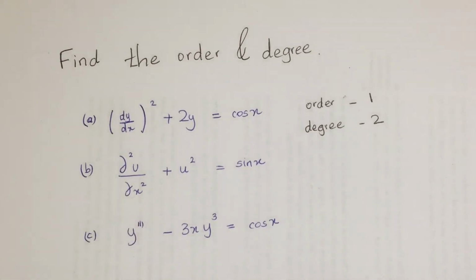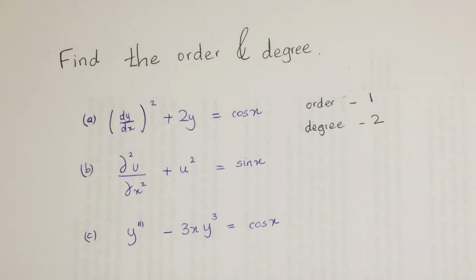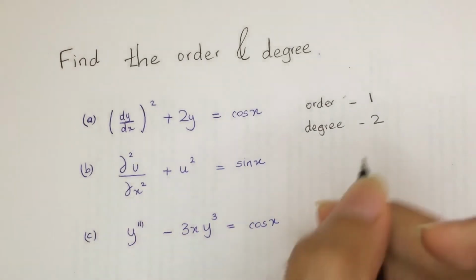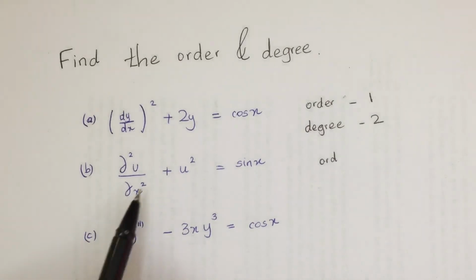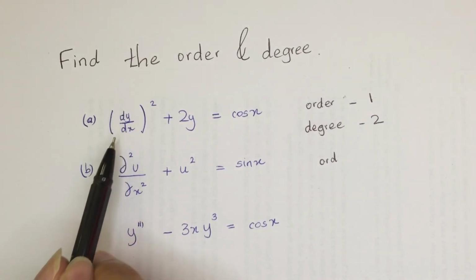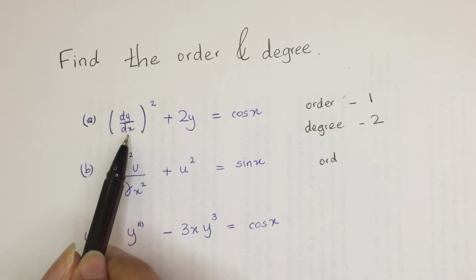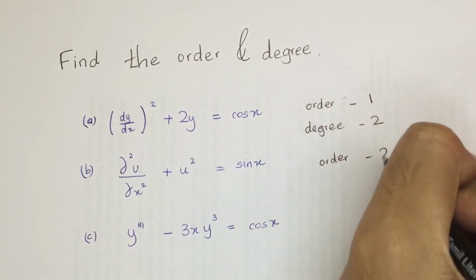Likewise there is ∂²u over ∂x², which simply shows we have differentiated that dependent variable u twice relative to x, so the highest derivative would be the second derivative of u. In this part we are having only the first derivative, ∂u by ∂x. Here we are having the second derivative, so the order would be 2.